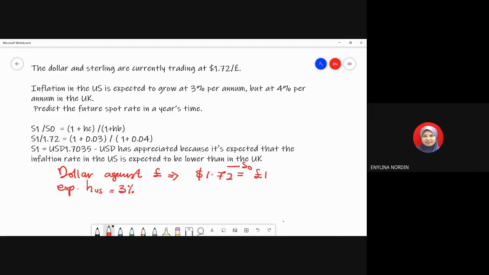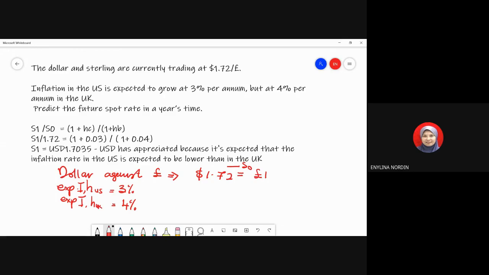But in the UK, which is the base, the expected inflation rate equals 4%. So predict the future spot rate in a year's time. So how are we going to do that?